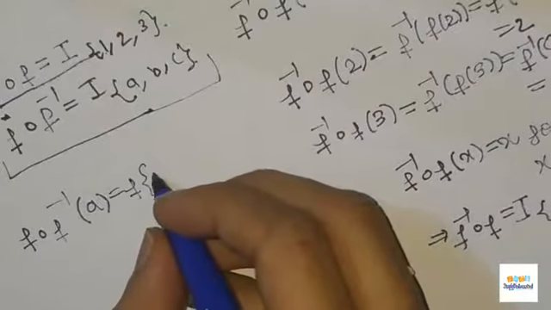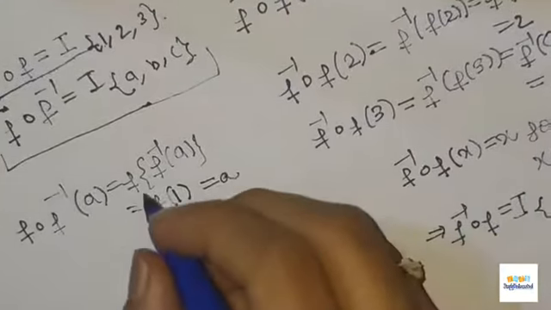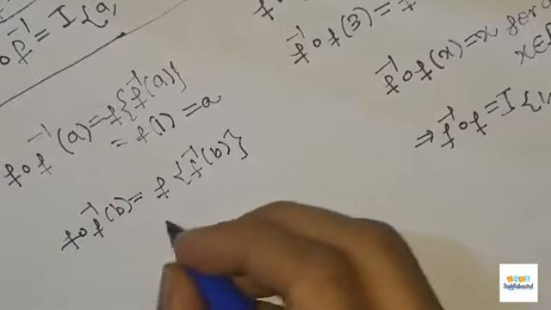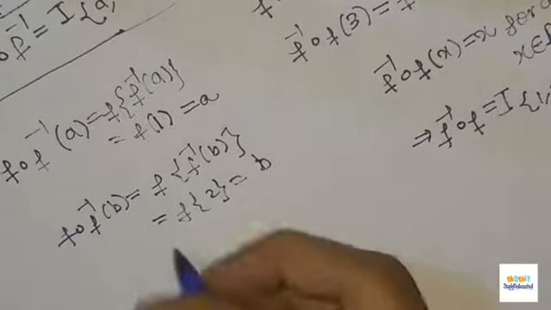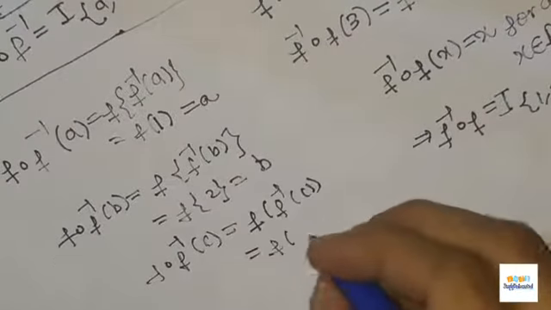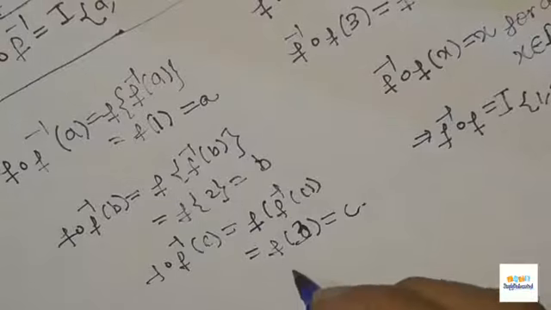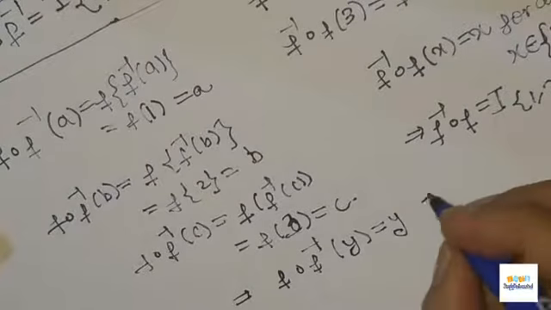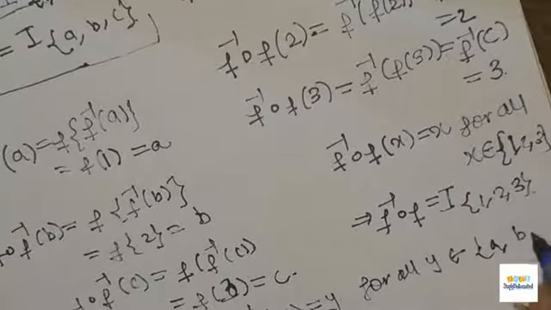So that is F of F inverse of A, which is F of 1, and F of 1 is A. Then similarly F composition F inverse of B is equal to F of F inverse of B, which is F of 2, and F of 2 is B. And also F composition F inverse of C is F of F inverse of C, which is F of 3, and F of 3 is C. So what we have got is F composition F inverse of Y is equal to Y, for all Y belonging to the domain of F inverse, that is nothing but A, B, C.